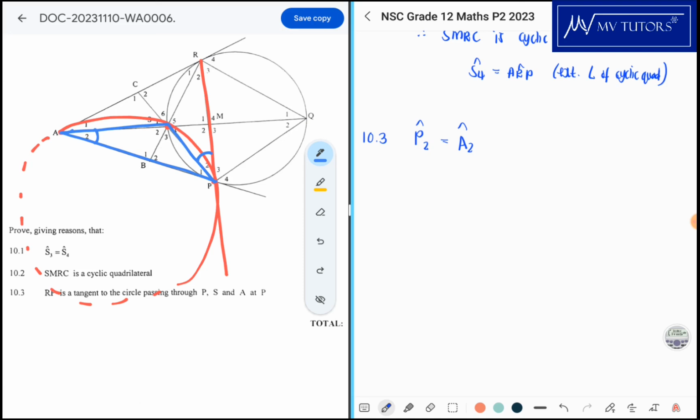Alright, so how am I going to start with this? I was thinking using the strategy. Let's just give P2 a variable. So let P2 equal X. And then as such, we need to show that A2 is equal to X.